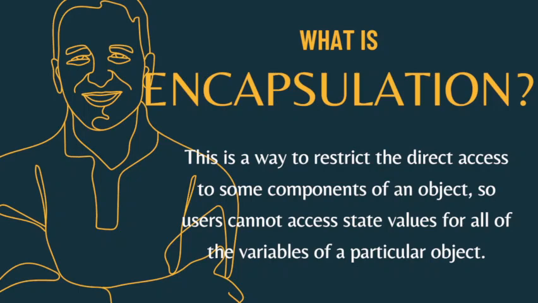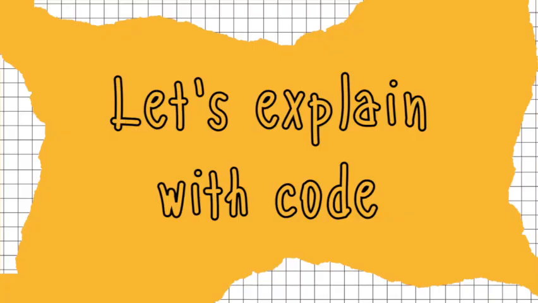So that is the definition of encapsulation when it comes to a programmer defining it based on object oriented programming, right? You are restricting the access of some variables of a particular class to someone who is going to be using that particular variable. So let's see how that works with code.